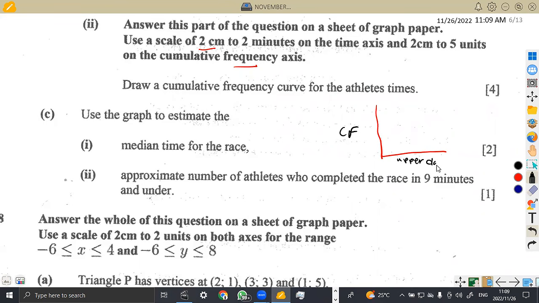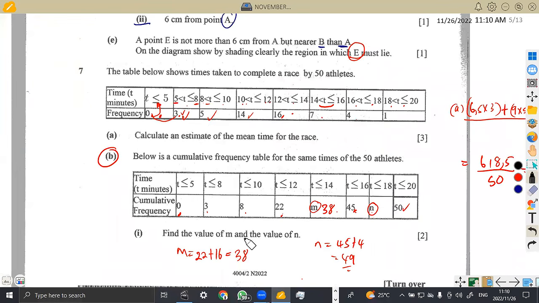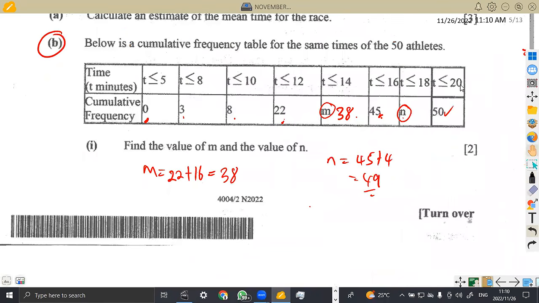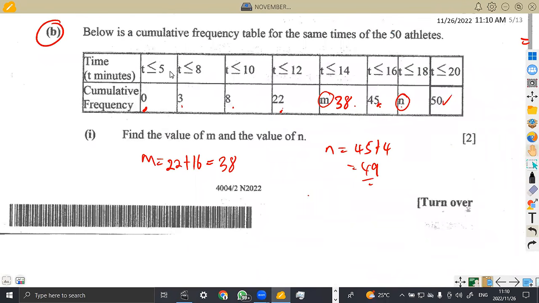So you actually use the upper classes. From these two tables that we had, which one are you going to use to draw the cumulative frequency curve? That's the last table, the cumulative frequency. So we have the upper classes 5, 8, 10, 12, versus the cumulative frequency.